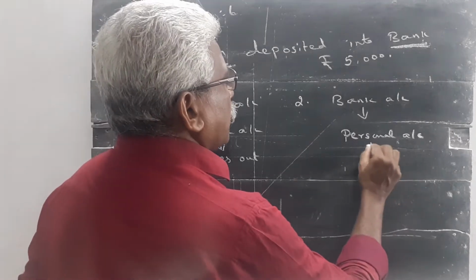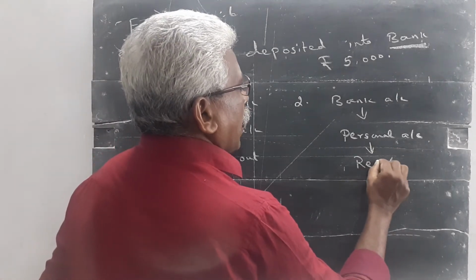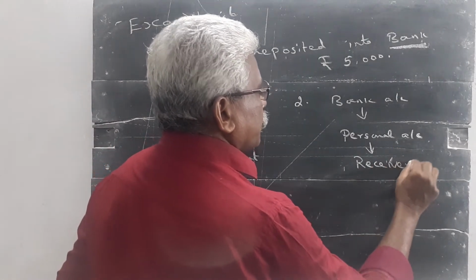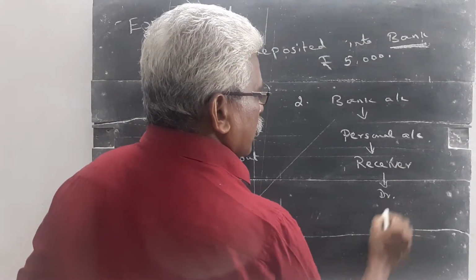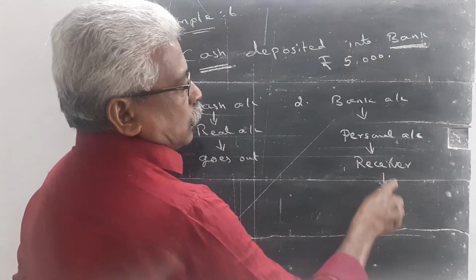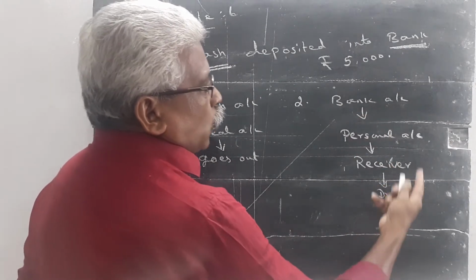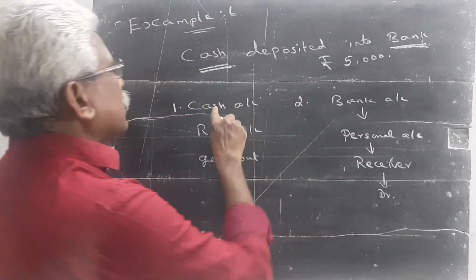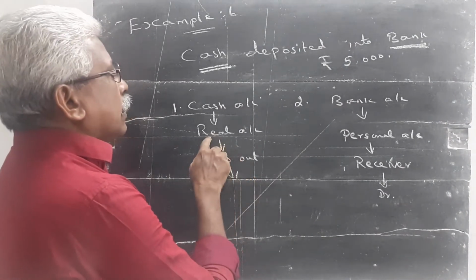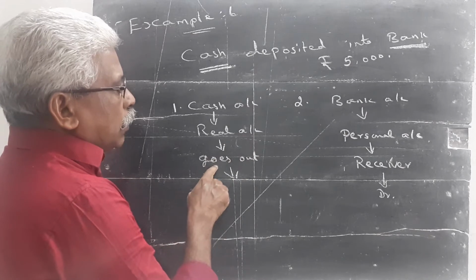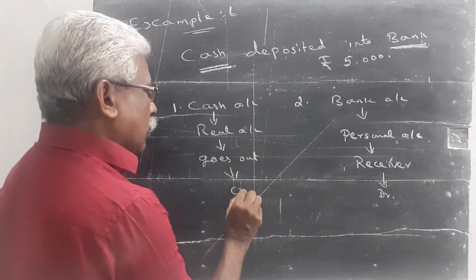Bank receives this money, so bank is the receiver. Debit the receiver, credit the giver. So the bank account is debited. When one account is debited, automatically the other account is credited. That is the accounting principle. Then the real account rule is debit what comes in, credit what goes out. So the cash account is credited.